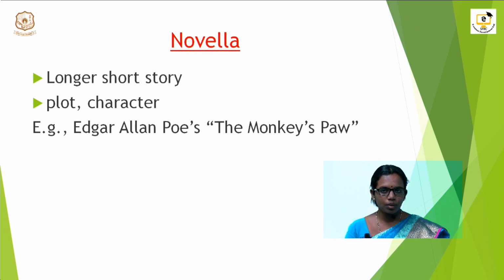The crisis may be a critical one, a tragic one, or even a comic situation which triggers the plot into action, and the novella ends with the solution of the crisis. One of the most famous examples of a novella is Edgar Allan Poe's The Monkey's Paw.